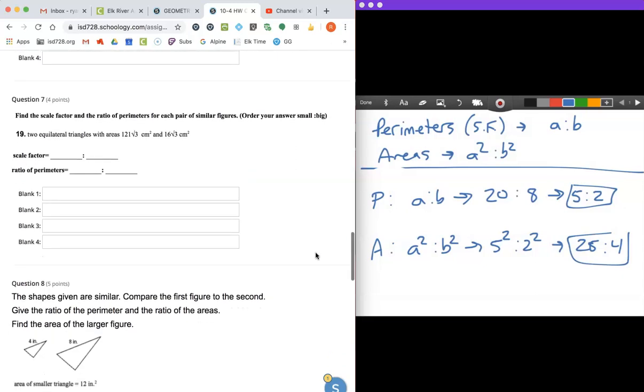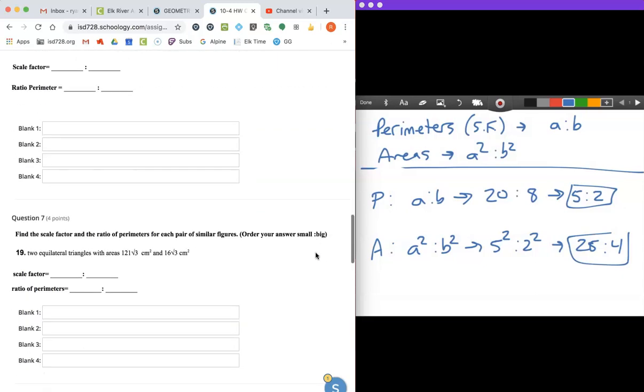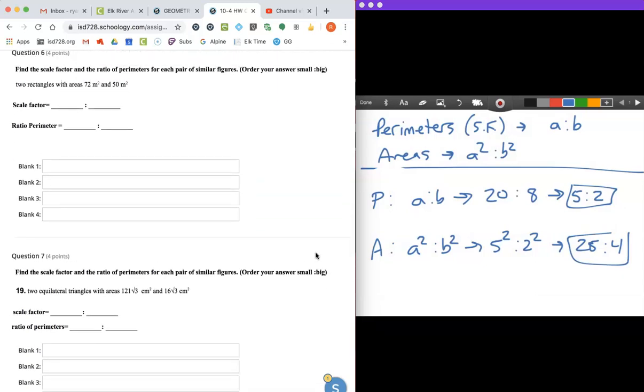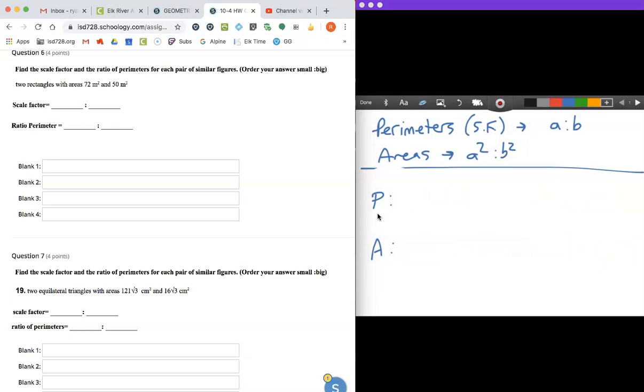Let's do number 7 just because it's a little bit tougher. Well, they're both kind of the same. Maybe I'll do two of this one. So they want the ratio of perimeters and the ratio of areas. What they're starting us with this time, for number 6, is that the areas are 72 and 50.